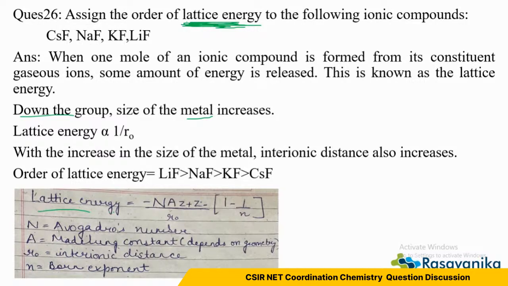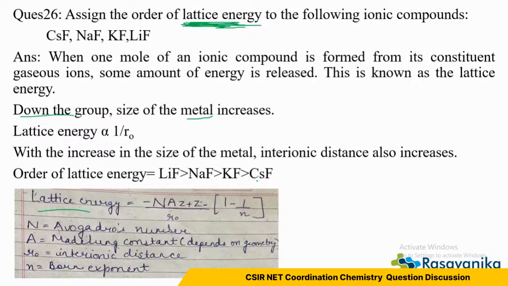Now you can see that there is an inverse relation between the lattice energy and the interionic distance. Lattice energy is proportional to 1 by R naught, right? With the increase in the size of the metal, the interionic distance also increases. As R naught is increasing, the lattice energy will decrease. So the order of lattice energy becomes lithium fluoride highest, which is greater than sodium fluoride, potassium fluoride, and cesium fluoride.